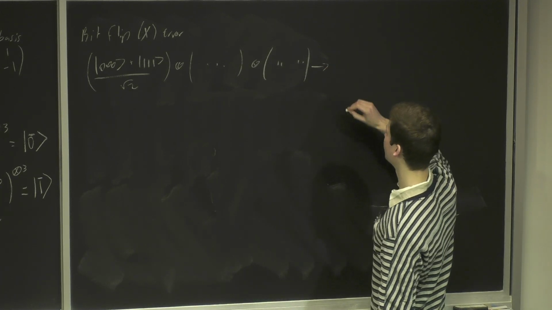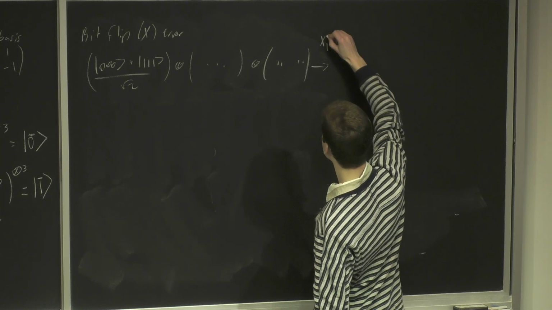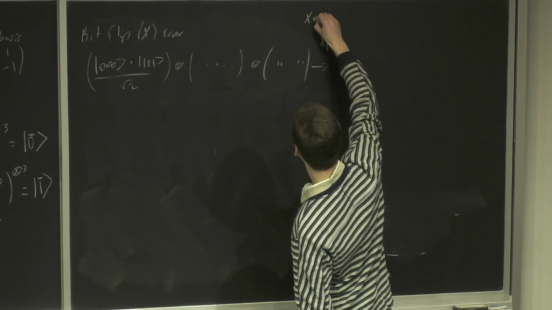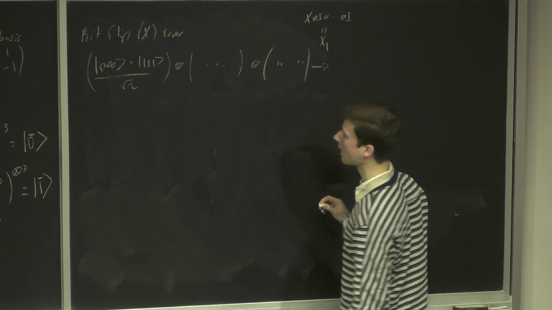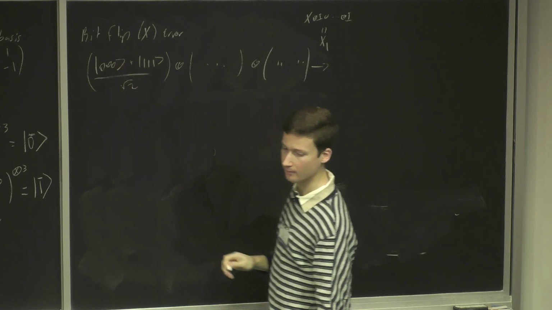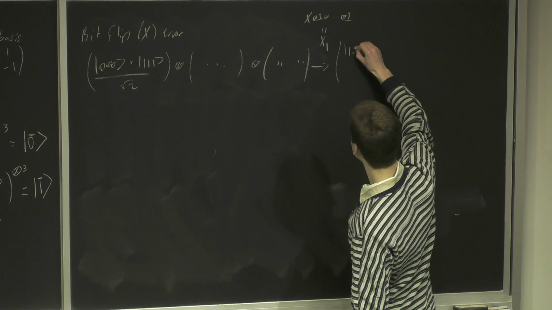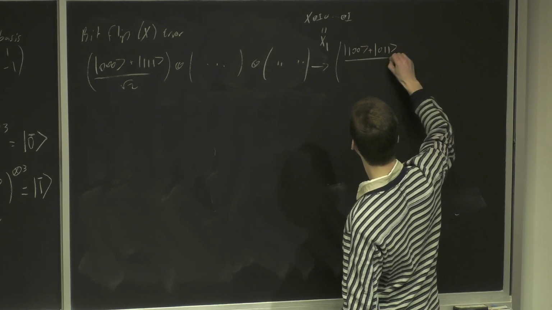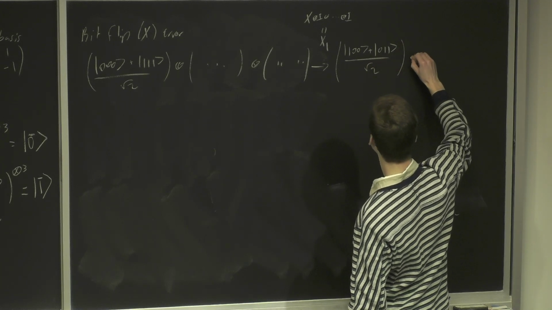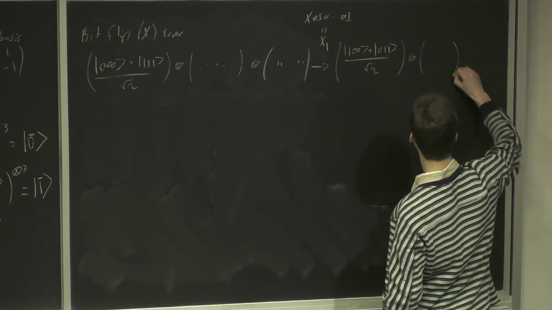Say we apply a bit flip to the first qubit. So I'll write that as X1, and that just means X tensored with a bunch of identities. So we just flip this qubit. What we get out is (|100> + |011>)/root 2, and then tensored with 2 copies of the original state.